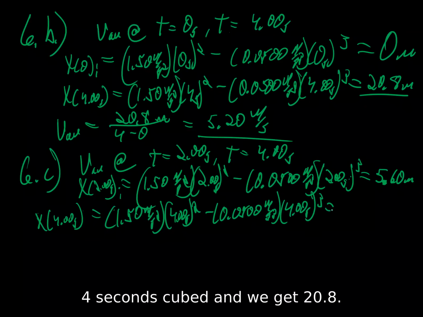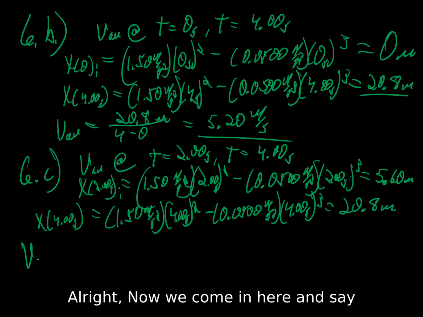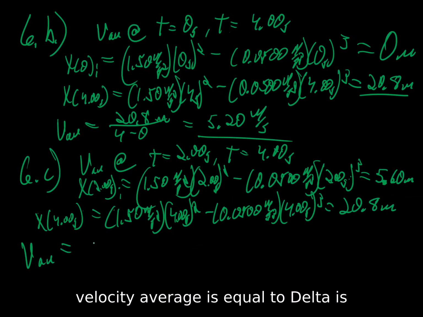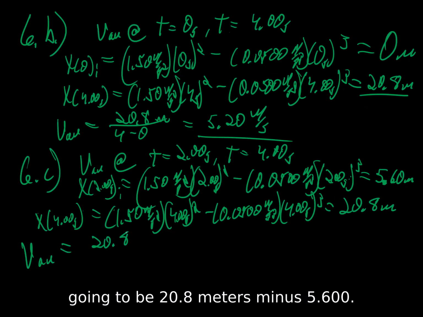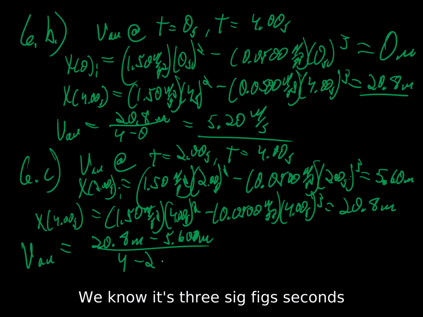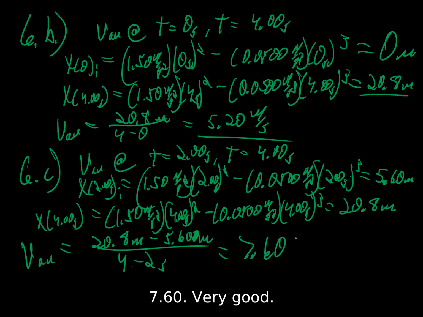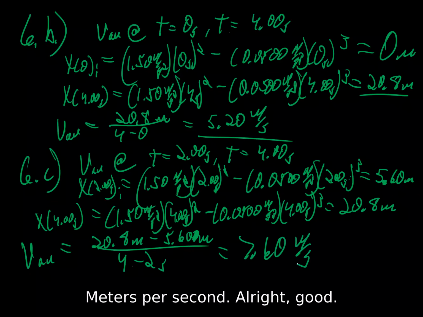And we get 20.8 meters. All right. Now we come in here and say average velocity is equal to delta x, which is 20.8 meters minus 5.60 meters, divided by 4 minus 2, we know it's 3 sig figs, seconds, and we should get an answer of 7.60 meters per second. Very good. That's exactly right.